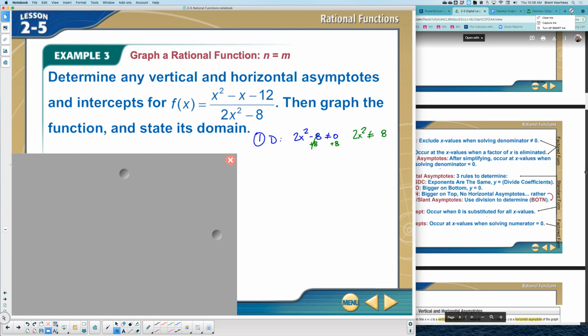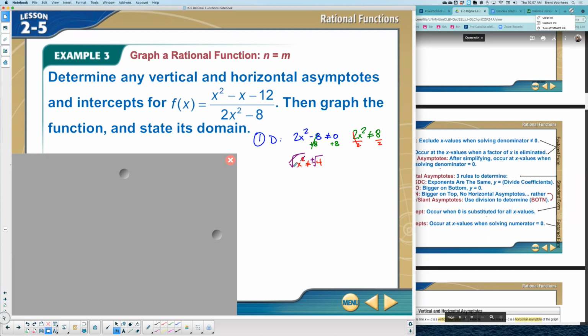Now what? Not square root yet. We need to first divide by 2. So x squared cannot equal 4. And then finally, last step, square root. When you add a square root that's not originally there, what comes with it?